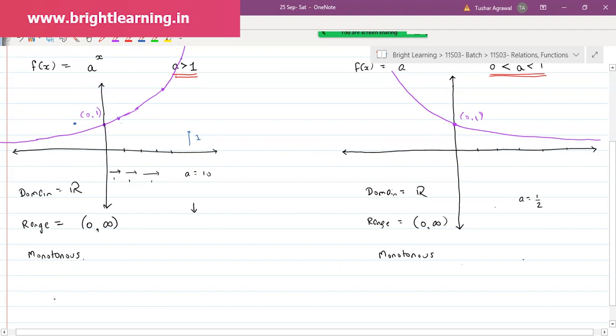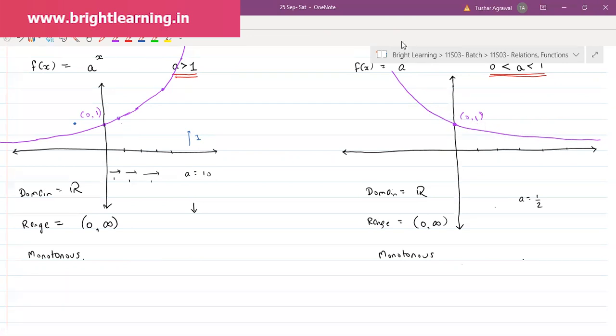It never happens that sometimes the graph is going upwards, that is the image value is increasing, then the graph comes downwards, that is the image value is decreasing, then it goes upwards. It never happens this way. Continuously it is increasing. So this is a monotonously increasing function for a greater than 1, and for a between 0 and 1, this is a monotonously decreasing function. A very nice function. It is continuously decreasing as x goes on increasing. It does not behave randomly, that sometimes it increases, sometimes it decreases. No. Okay.